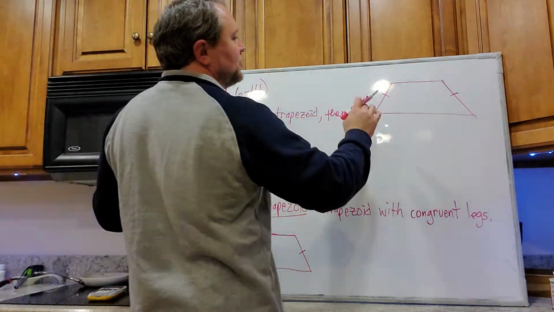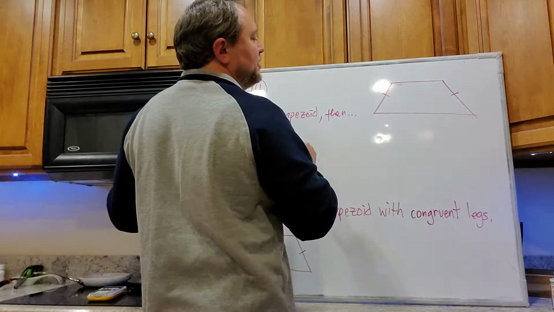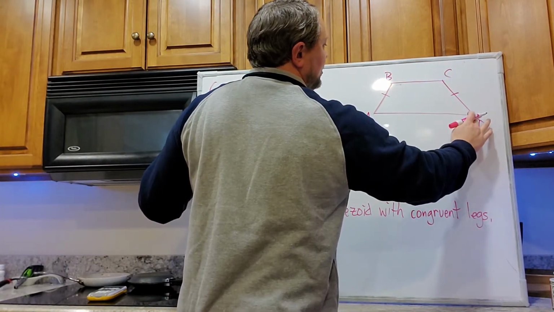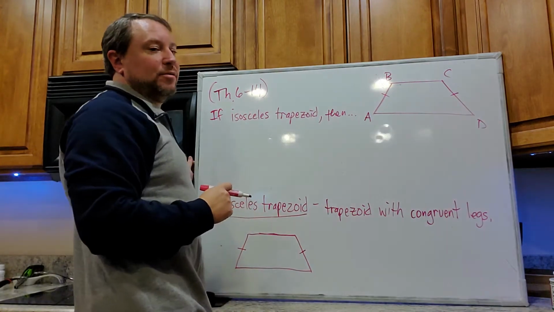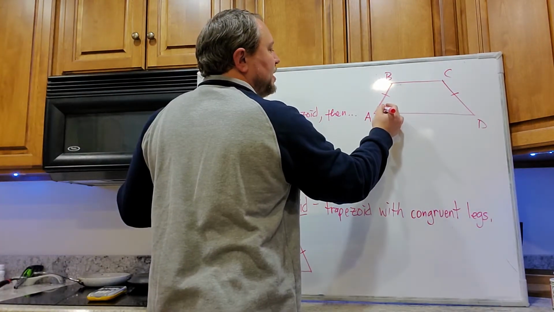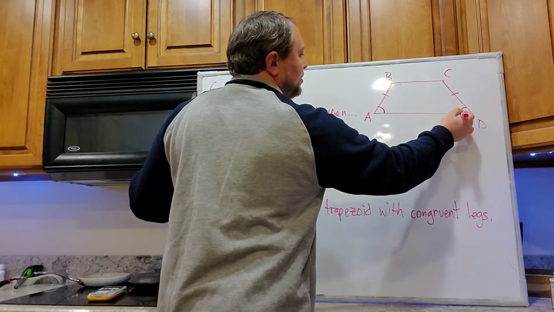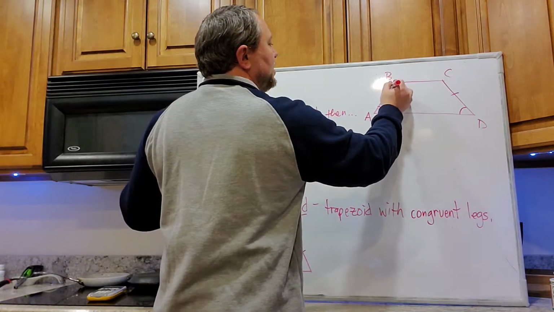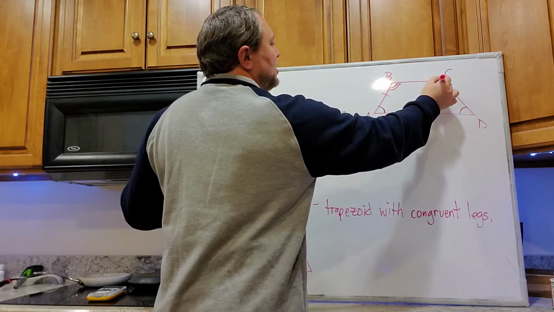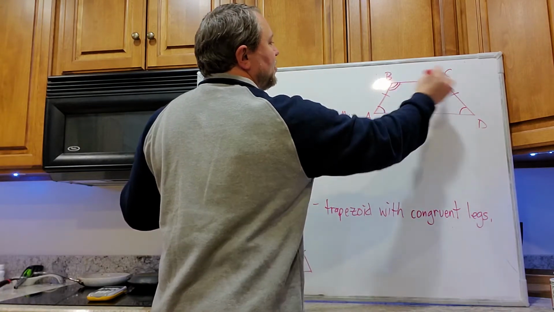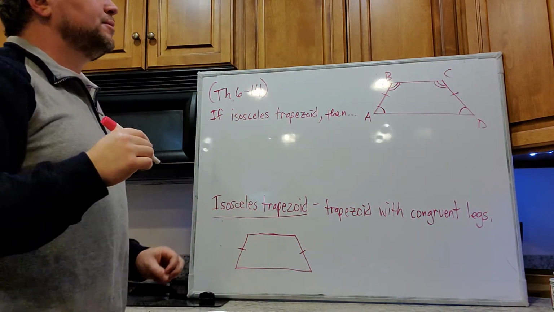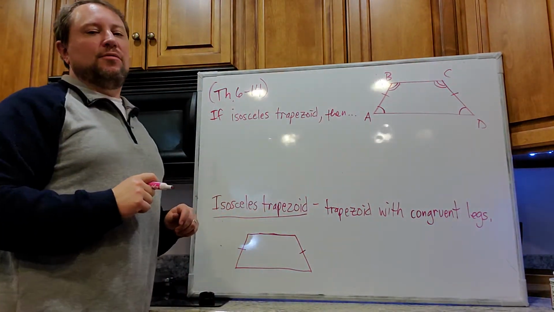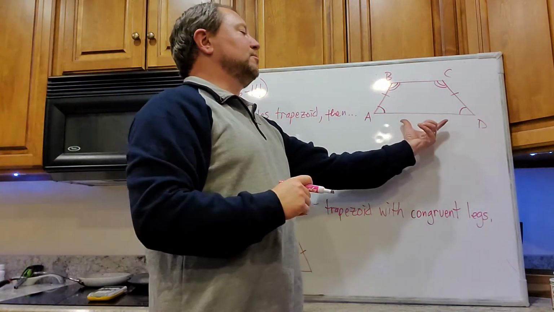Okay, and in this picture, not only are those two legs matching, but if I label this A, B, C, D, they're saying that the base angles will match as well. So this angle A down here will match that angle D across the way over there. And this angle B at the top that looks obtuse will match this angle C across the way that looks obtuse. Okay, so in our picture, the opposite angles, the base angles, I should say.